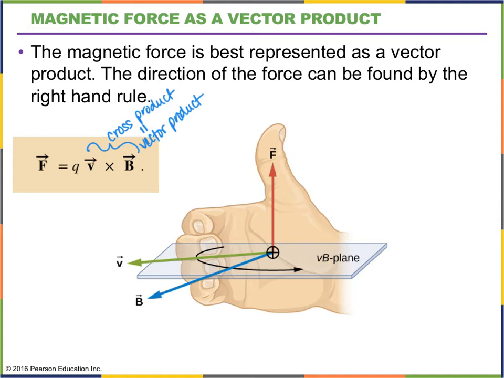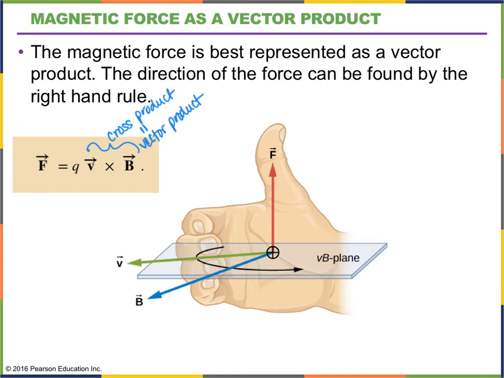The vectors have direction, and the way that we figure out the direction of the cross product is through the right-hand rule. So all your righties, put your pencil down before you try it, because it doesn't work with your left hand. And you first lay your hand along the direction of the first vector, which in this case is always the velocity. And then you curl your fingers towards the second vector, which is the magnetic field.